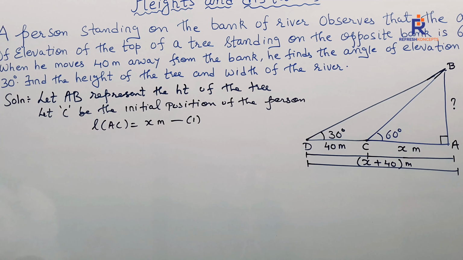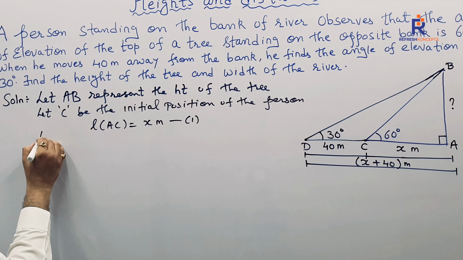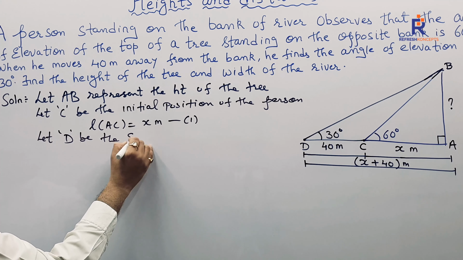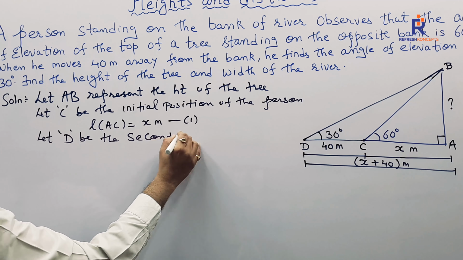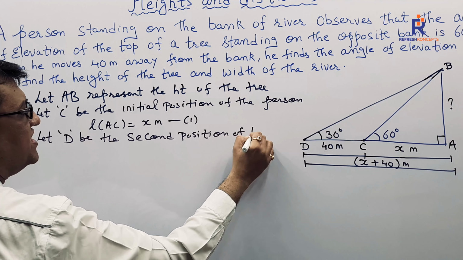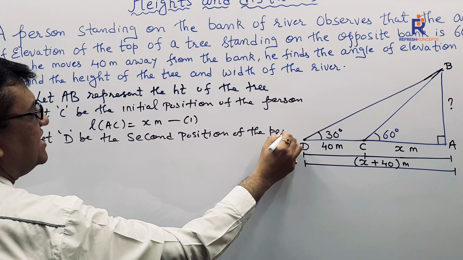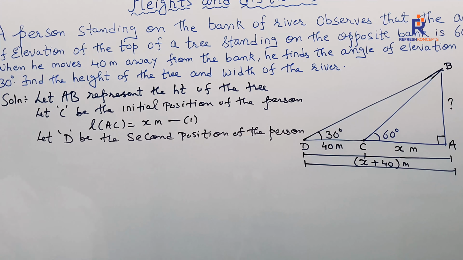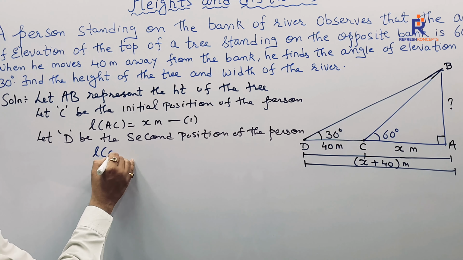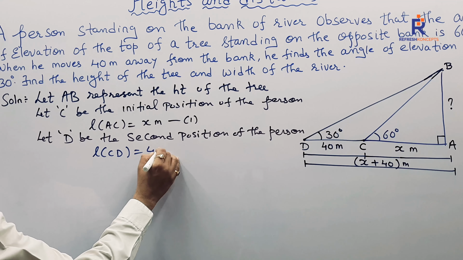On moving 40 meters away, let D be the second position of the person. What is the distance CD we have stated? We have stated distance CD as 40 meter.